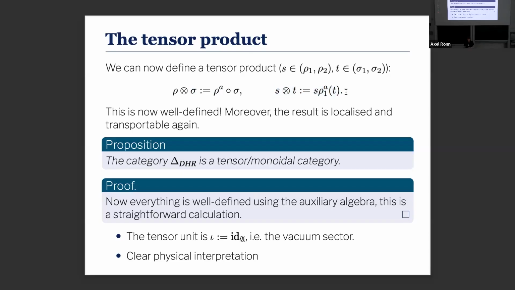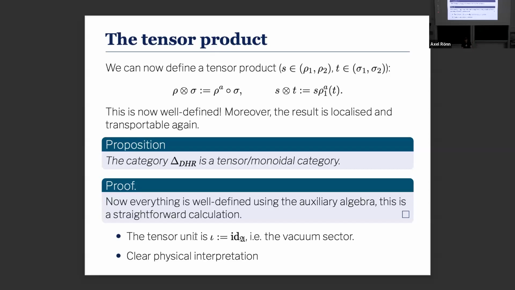And similarly, we can now define the tensor product of intertwiners like this. This is now all well defined, and you can check that it's so. Check. And with this definition, the category is a monoidal category. Good. So that's just to verify conditions. It's the same calculation.